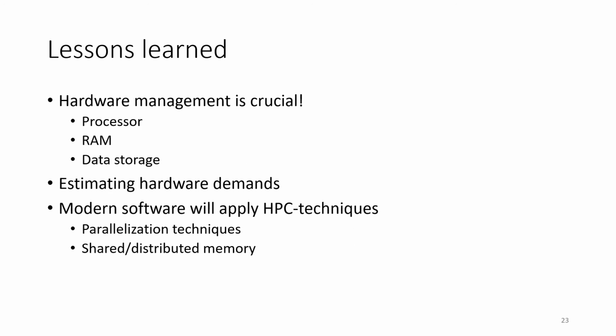So, coming to an end, I hope you understood that hardware management is a crucial part of programming. Right? Not just of programming, but of any kind of numerical modeling. I just highlighted the three components: processors, RAM, and data storage, as the most crucial ones. And you should estimate your hardware demands beforehand, right? It already comes in at the conceptual stage. What can you have as a grid resolution?